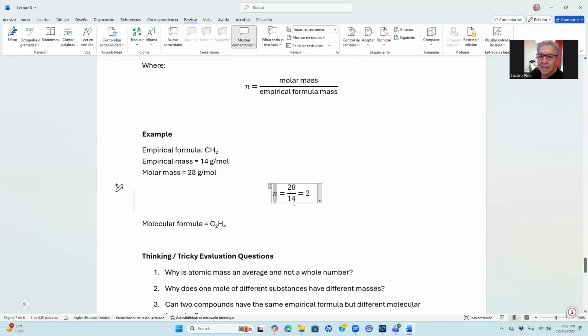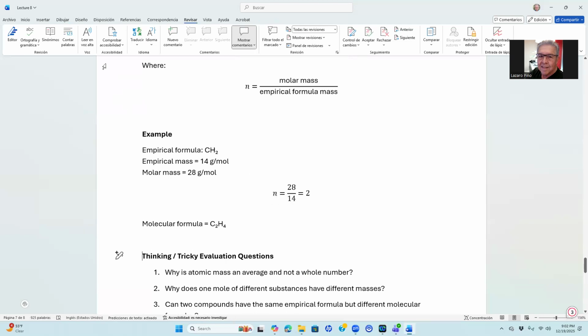You have 2 times the empirical formula in the molecular formula. This way you can go from the empirical formula to the molecular formula, knowing the molar mass of each.